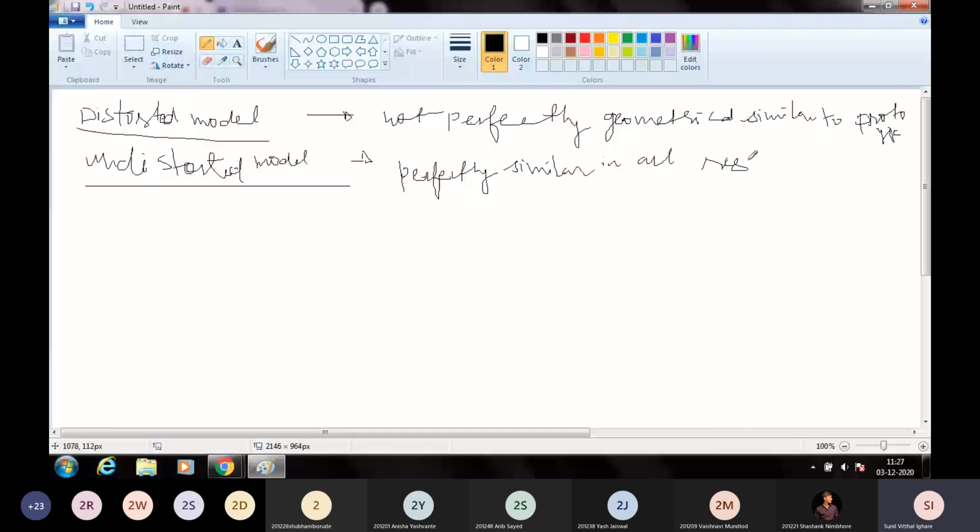So this is about the distorted and undistorted models.